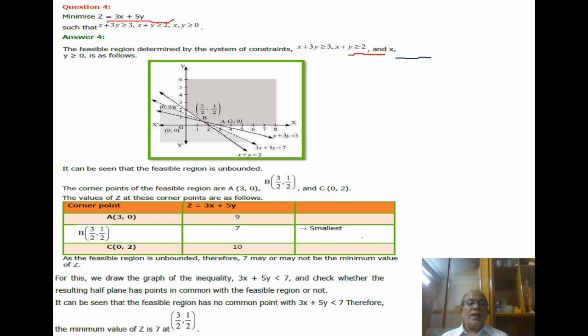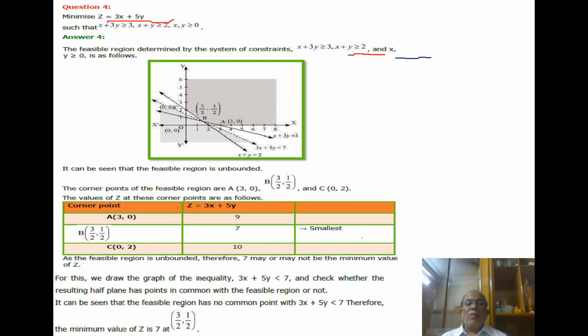Below the dotted line will be 3x plus 5y less than 7, and above it 3x plus 5y greater than 7. Greater than 7 we don't have any problem. But 3x plus 5y less than 7 will include this region below the feasible region.